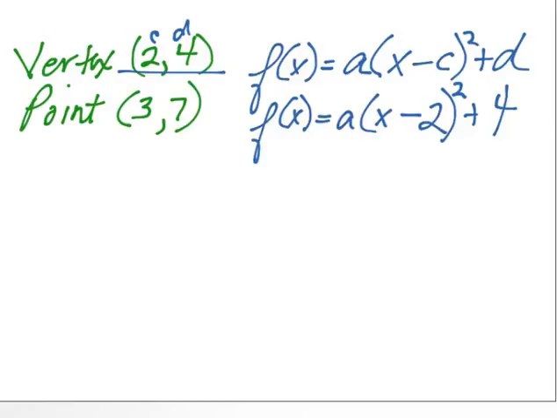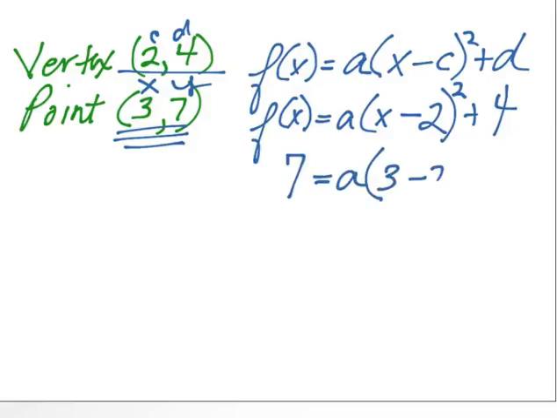Now, how to find A, because that's what our difficulty is. So what we're going to do is take this point and plug it in. And this is X and this is Y. Okay, so Y is 7. We don't know what A is. We know what X is, plus 4.